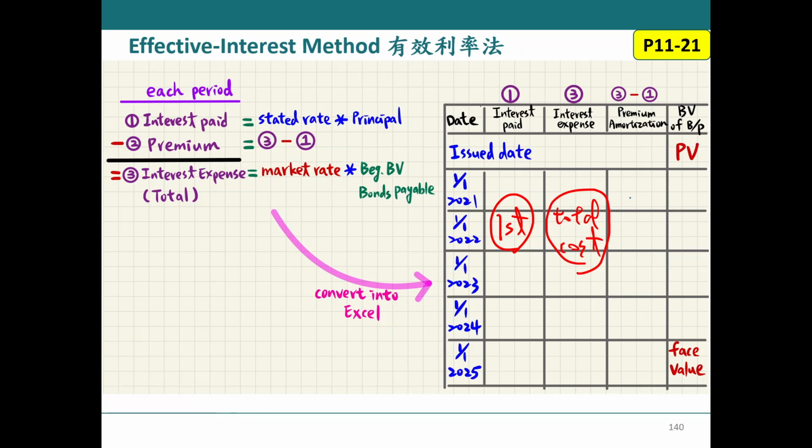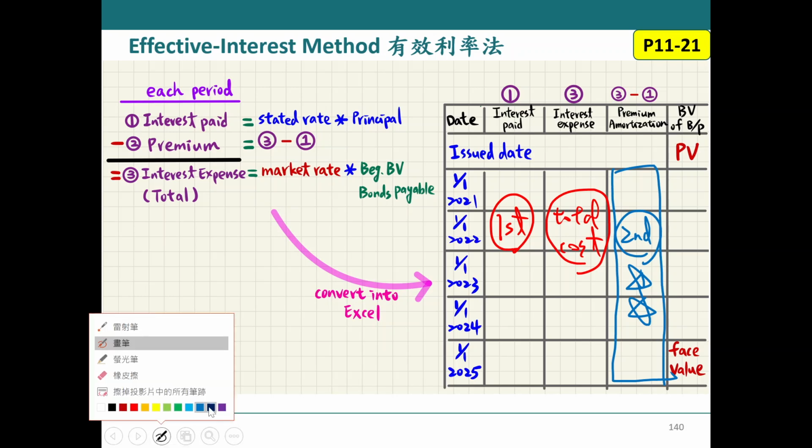That's our purpose, right? Our purpose is we try to get this, your second cost of borrowing. So that's our purpose. Any questions? Then, how about the last one? Last one, we mean your liability, right?